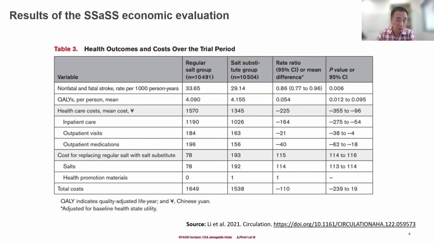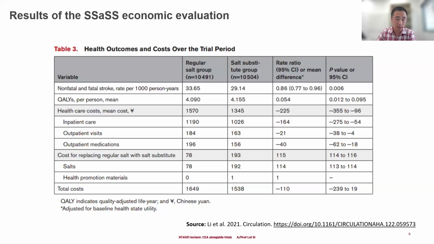As health economists, we're probably more interested in outcomes such as the quality adjusted life year. In accordance with the primary outcome of the trial, we can also see the intervention group is superior, with a higher quality adjusted life year compared with the comparator group.